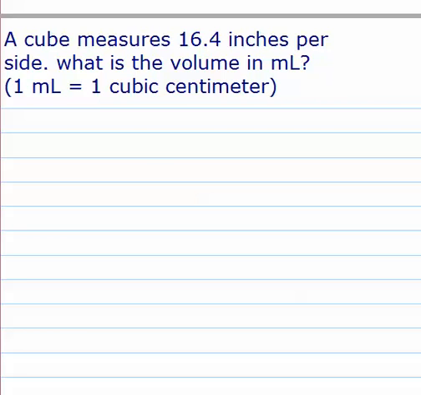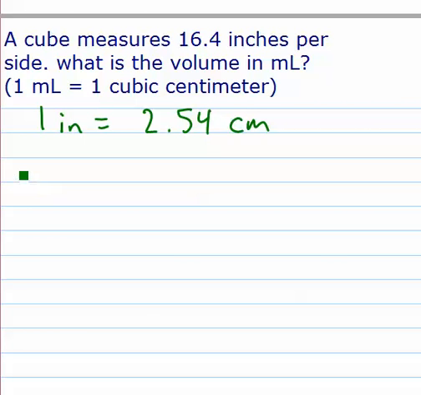Since it is a cube, here measuring 16.4 inches, we can calculate the volume in milliliters, recognizing that 1 milliliter is equal to 1 cubic centimeter, and 1 inch is equal to, again, 2.54 centimeters. So to calculate the volume in milliliters of this cube, we are going to need to convert our inches into centimeters and then to multiply the length times width times height, or simply cube that value.